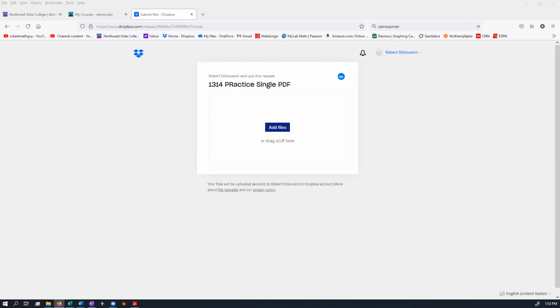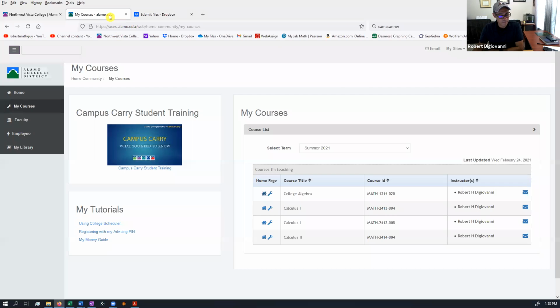Yeah, send it to my email as a PDF. Okay, now have you opened it in your email? Yeah. And did it have all three pictures? Yeah. Okay, so now go to your Canvas email.